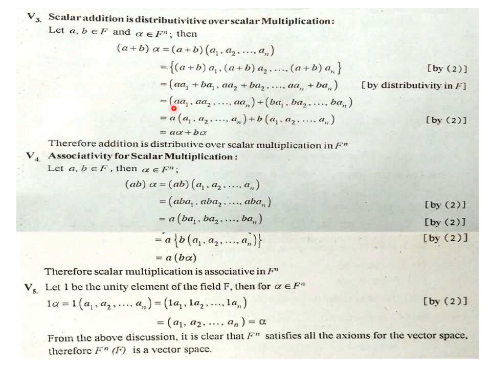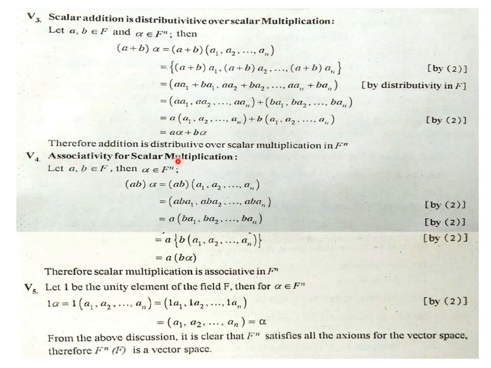Then it is broken into the sum of two n-tuples, (A a1, A a2, up to A an) plus (B a1, B a2, up to B an). A is taken common, B is taken common from these two n-tuples. Finally, it is A into alpha plus B into alpha. So simple properties of n-tuples are utilized to prove V3.